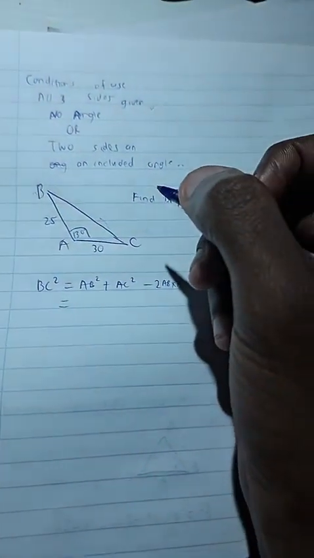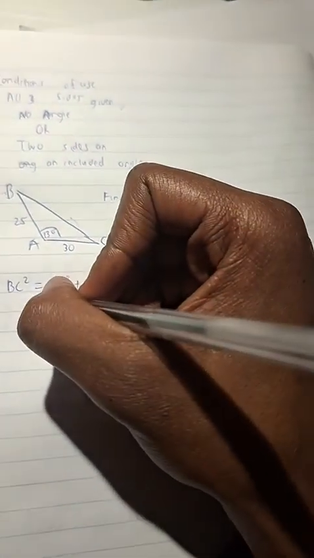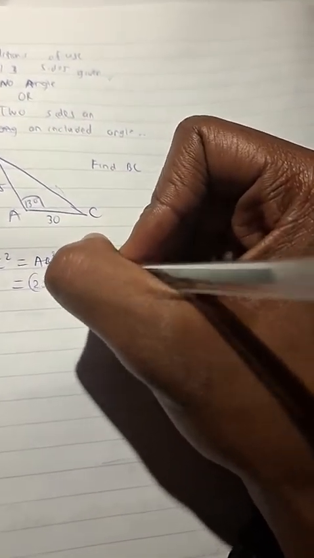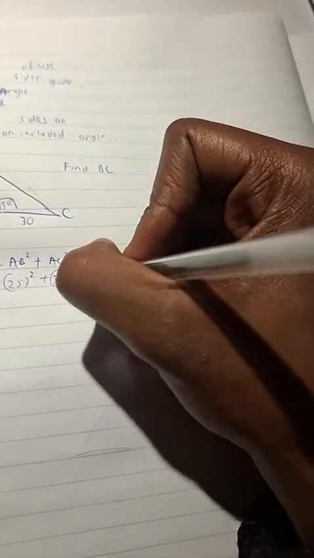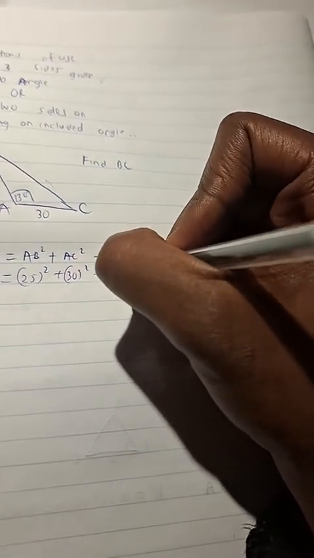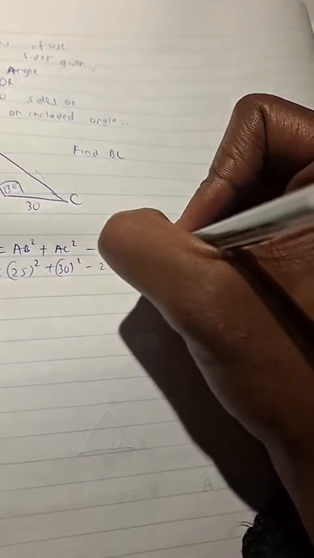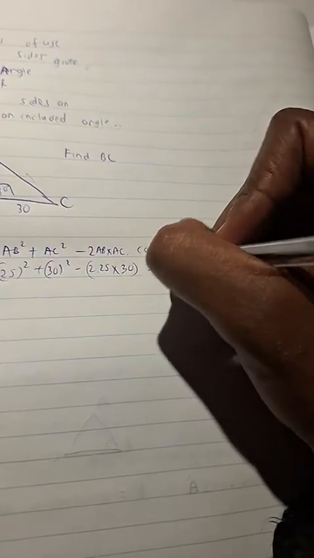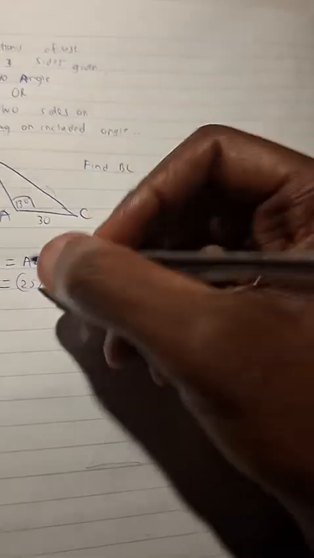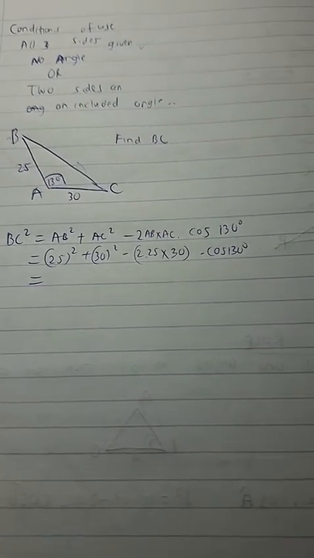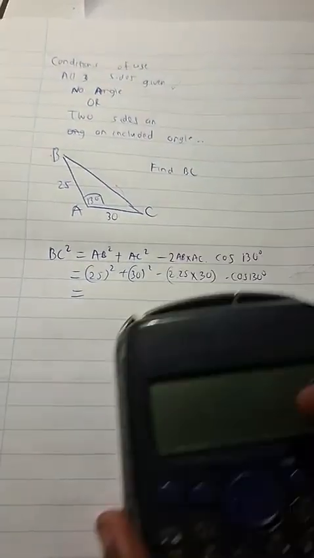Then we go ahead and substitute. BC squared is AB, 25 squared, plus AC, 30 squared, minus 2 times AB, 25, times 30, cos 130. Then you punch this all into the calculator, guys, all of it.